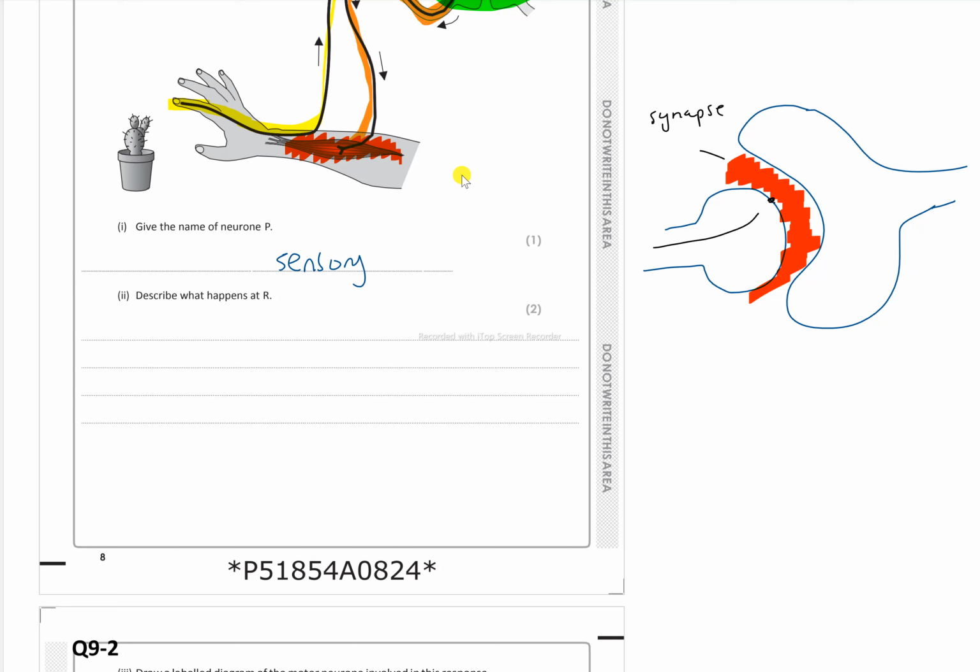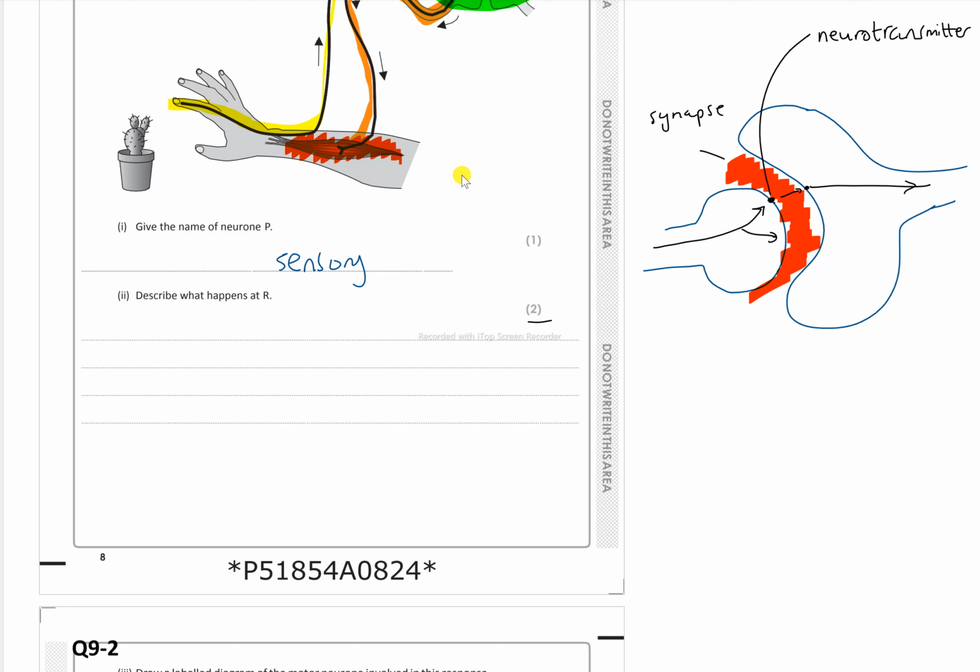When the impulse gets to here, it fires off a chemical called a neurotransmitter. It diffuses across this gap, gets to here, and then starts another impulse. And that's what we've got to say.